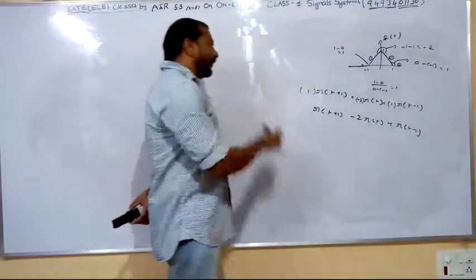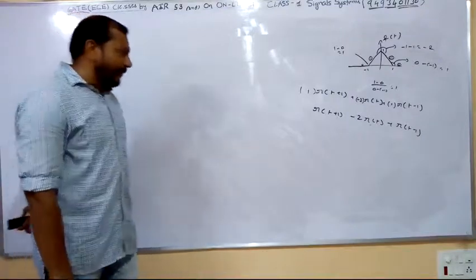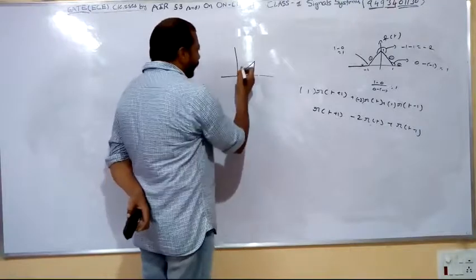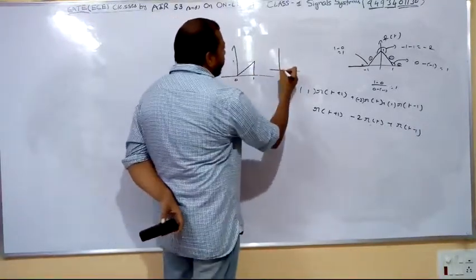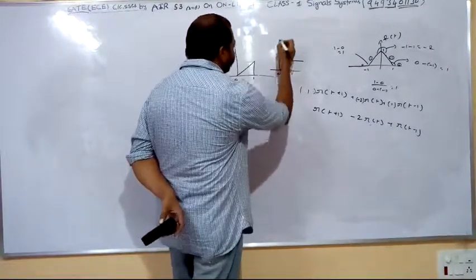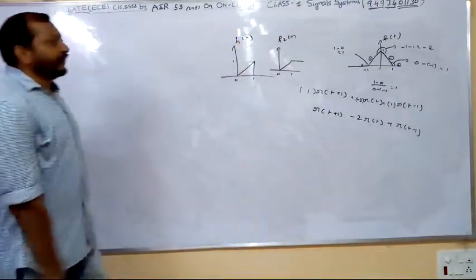As the signal is represented in the step format, the sum of their coefficients gives you the final value of the signal. If the signal is represented in the ramp format, the sum of their coefficients will give you the final slope of the signal.